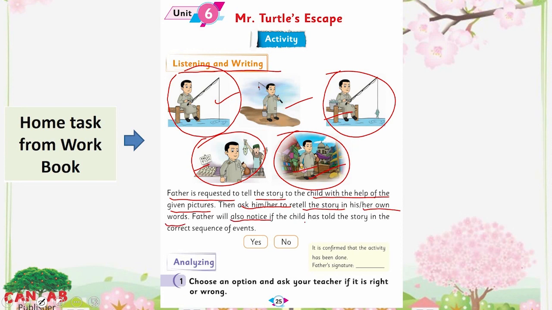Father will also notice if the child has told the story in the correct sequence of events. तो ये एक्टिविटी आपने अपने किसी घर में बड़े के साथ करनी है. सीक्वेंस है, सीक्वेंस मतलब पहले कौन सी एक्टिविटी हुई, फिर उसके बाद कौन सी एक्टिविटी हुई. इस तरह पिक्चर को देख के जो है आपको पूरी स्टोरी सुनानी है. और आप खुद भी जो है स्टोरी का अंदाजा लगा सकते हैं पिक्चर्स को देख के कि पहले क्या काम हुआ, पहले कौन सी एक्टिविटी हुई, पहले उसने फिश बेची या पहले वो फिश पकड़ने गया या पहले उसको पैसे मिल गए. तो सीक्वेंस में आपने जो है स्टोरी को समझना है.